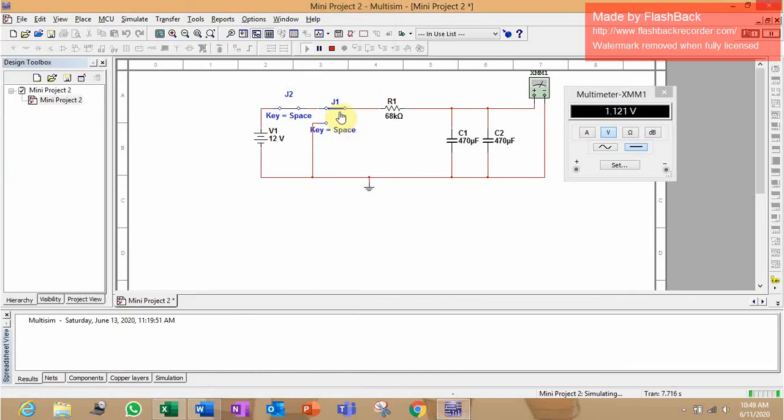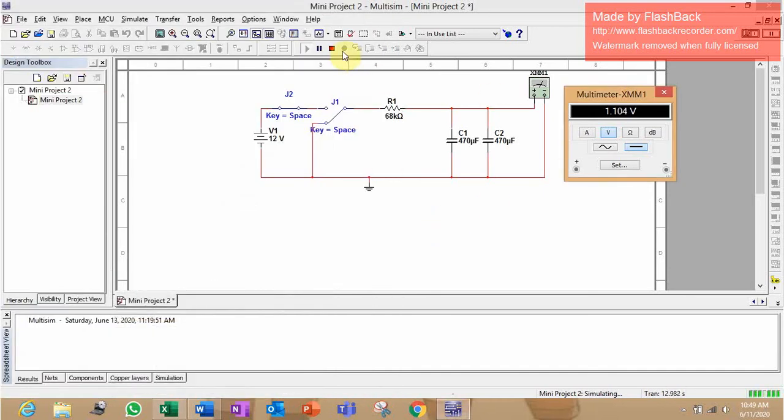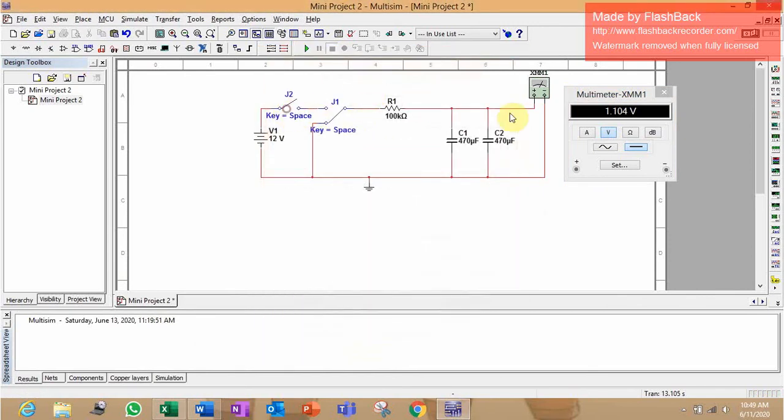For the discharge, flip the switch, and the voltage starts to drop. It will drop until 0.283 volt after 240 seconds. Next, I will change the value of the resistor to 100 kilo ohm, and for the charging, run the simulation.